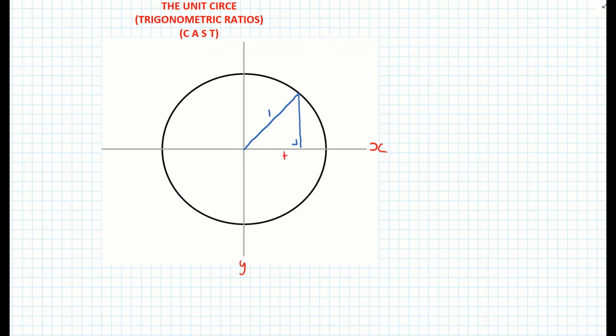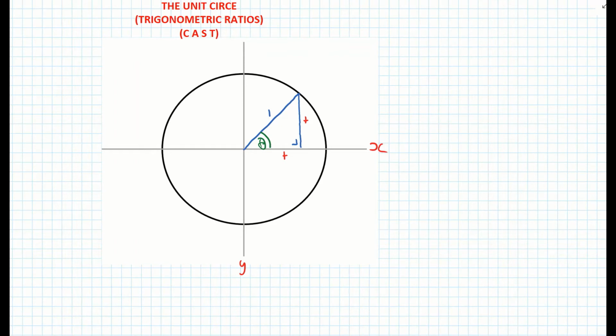So I'm just going to put a little plus here. I've come out maybe 5 units or 6 units, whatever it may be, and I've gone up on my y-axis maybe 3 or 4, whatever amount of units, but it's going to be a positive number. So I've come out on my positive x-axis and gone up on my positive y-axis. And I'm going to label the angle that I'm forming with that triangle. I'm going to call it theta, the symbol for angle.